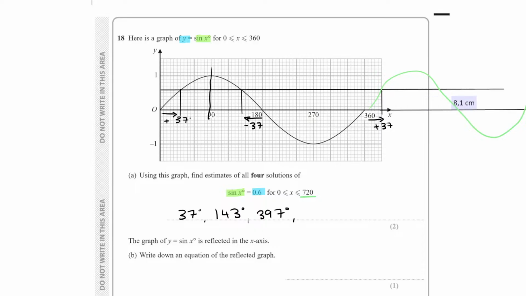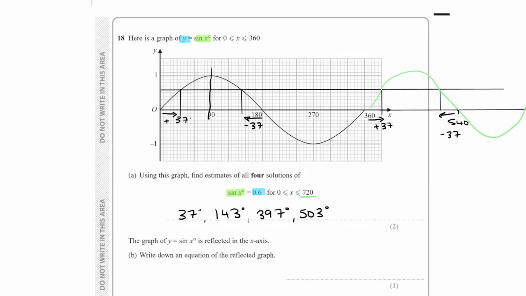You've got to figure out what the coordinate is here. This is just another 180 on, so that's 540, isn't it? So that one is 540 minus the 37. That distance is still 37, but it's going backwards, isn't it? So what's that? 503, 504, something like that. Yeah. So those are your 4.